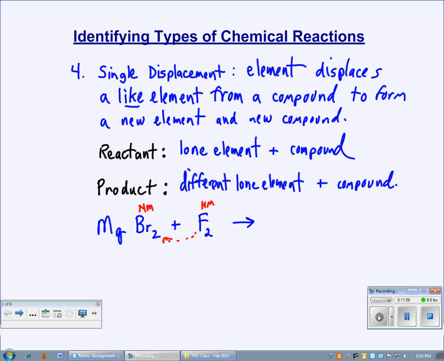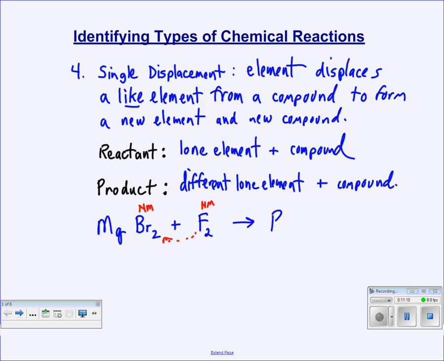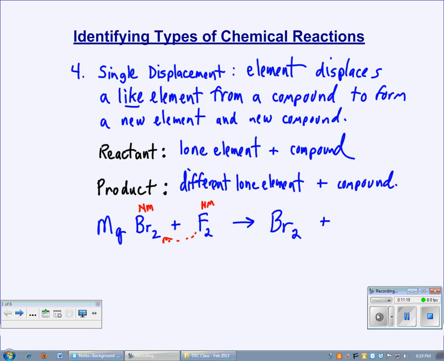So bromine would be the element displaced, and I would write the formula for bromine, and then magnesium and fluorine would bond. So nonmetal displaces nonmetal, and then magnesium would bond to fluorine.